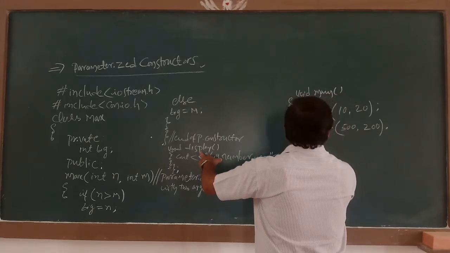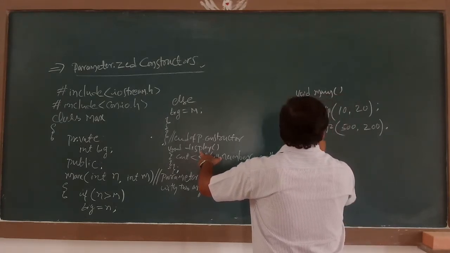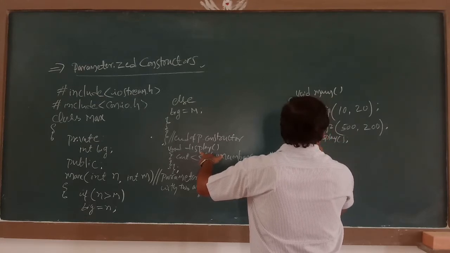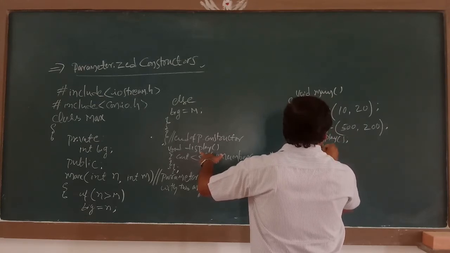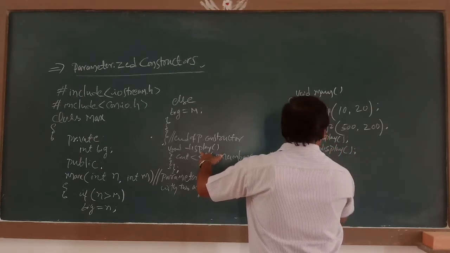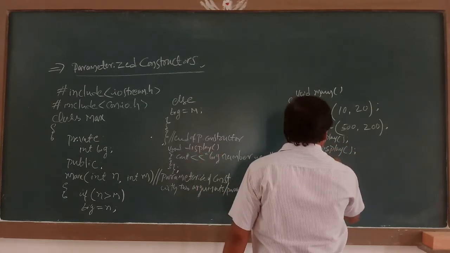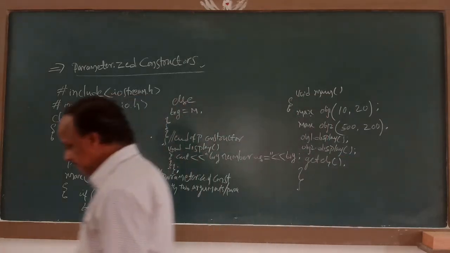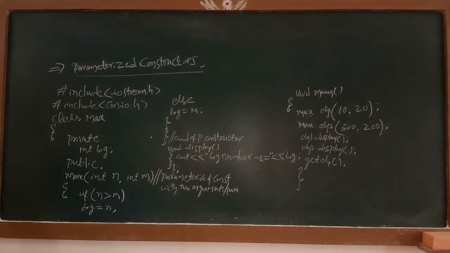So object 1 dot display function, object 2 dot display function, getch, and close the main function.